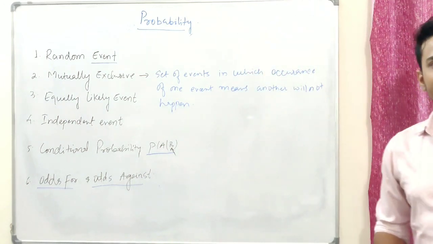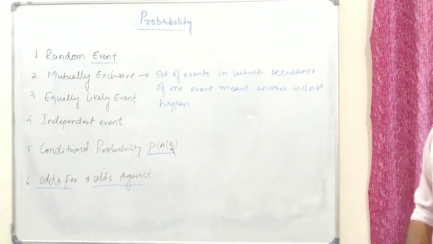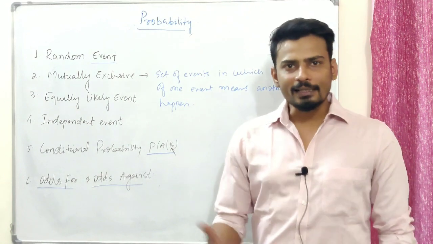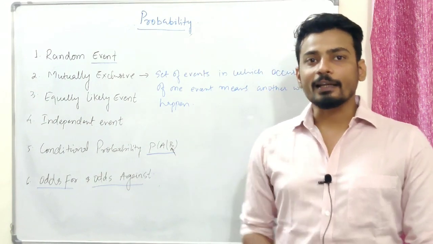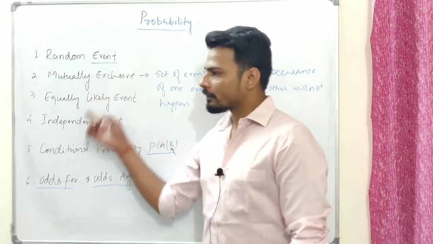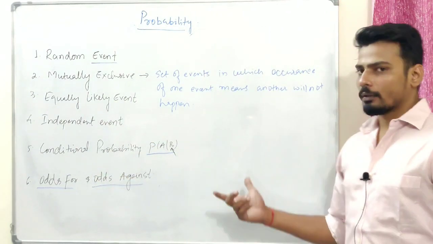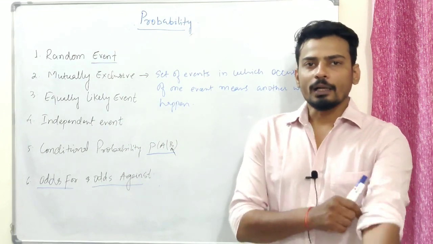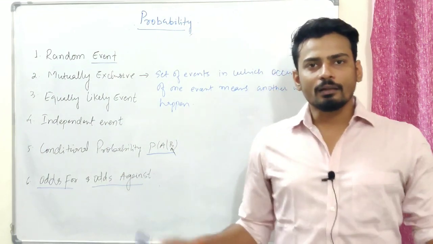Means they are dependent upon each other. Let's say for example, if I throw a coin and if tails comes, it automatically means that heads will not come. All okay? So that is the meaning of mutually exclusive. It means a set of events. So getting heads and tails are mutually exclusive events. If one has occurred, it means the other is not going to happen.